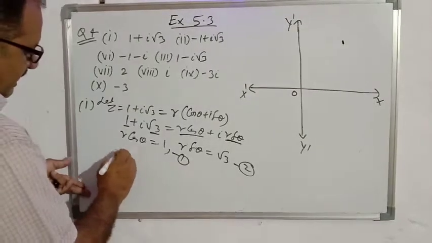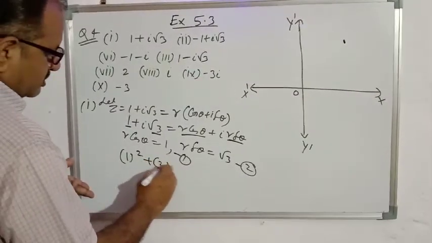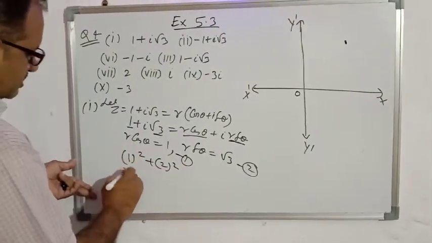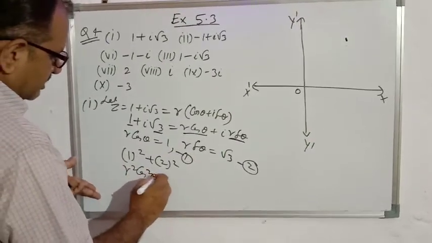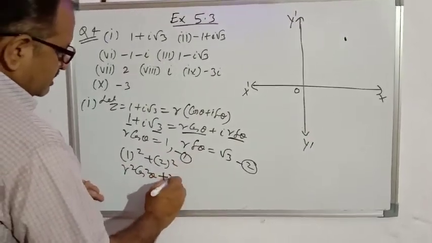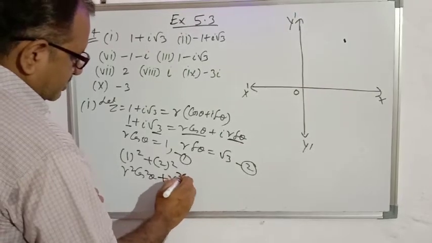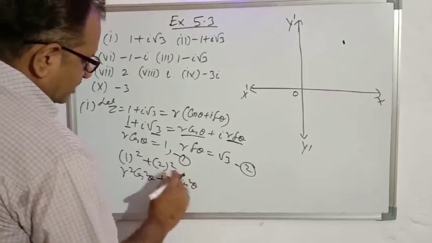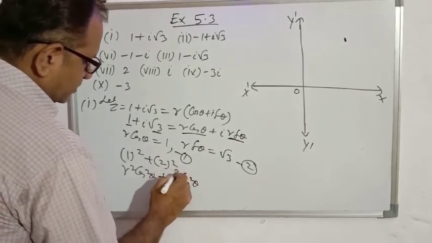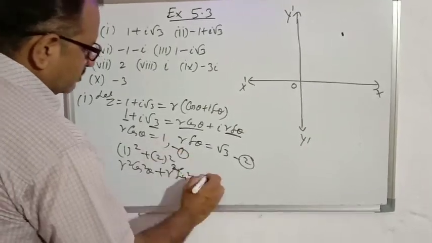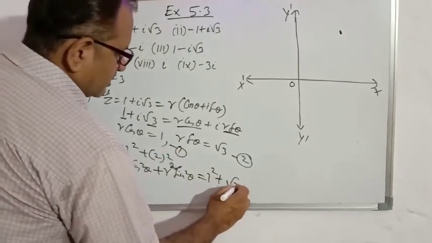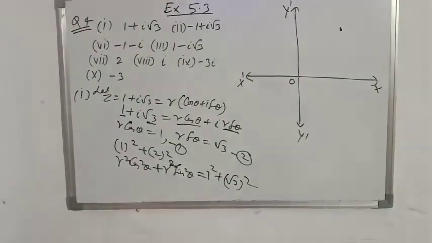So squaring and adding: r square cos square theta plus r square sin square theta is equal to 1 square plus root 3 square.